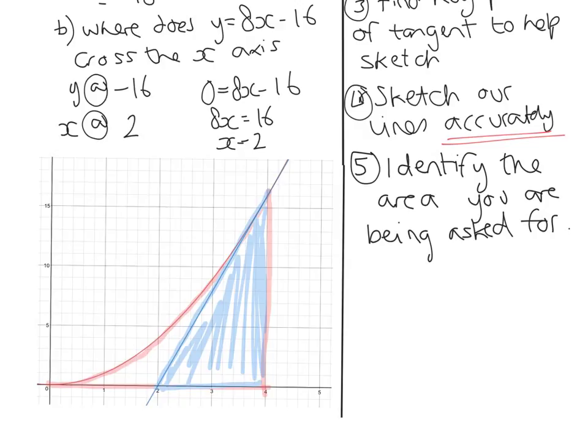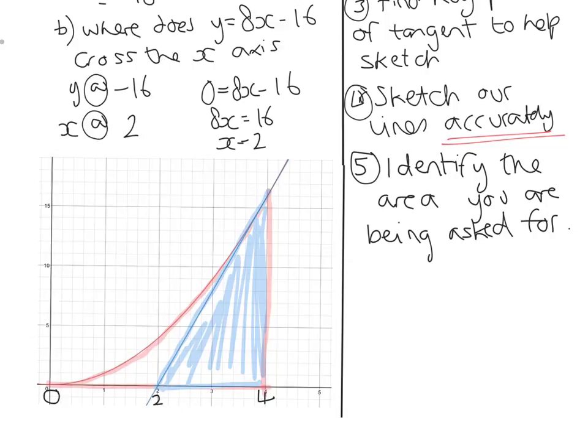So now we just need to establish what our key values are. So we look on our x-axis and we've got 4 there, 2 there, and 0 there. So when we're looking at our straight line, our blue, we're looking between 2 and 4, and when we're looking at our curve, our red line, we're looking between 0 and 4. Okay, the skill here is establishing between what limits we're looking and where the key area is.